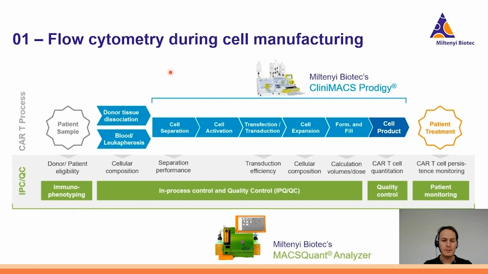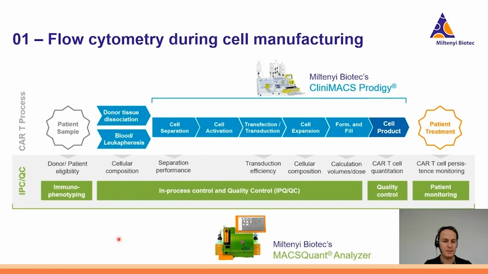So here you can see a classic example of CAR T-cell manufacturing from a patient sample to the actual patient treatment. And you can see that throughout the process, here done on the CliniMACS Prodigy, this is accompanied by flow cytometric analysis.